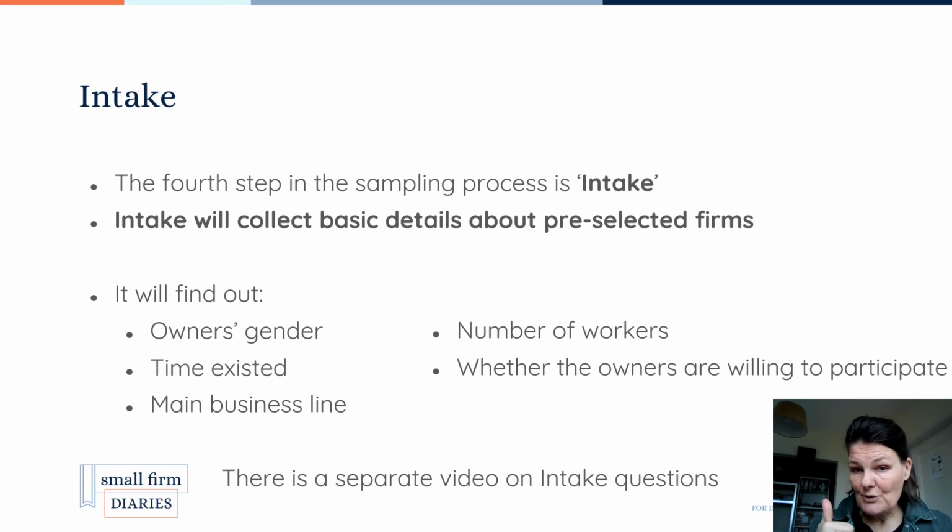We will record how many workers there are, whether the owners are willing to participate, and the owner's gender, the time that the business has existed, main business lines, and a couple of other things. It takes about 12 minutes to complete.